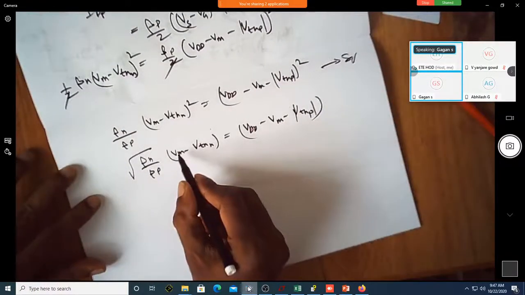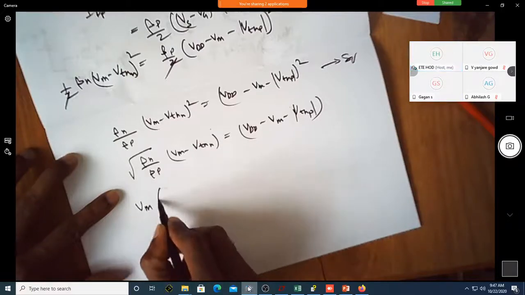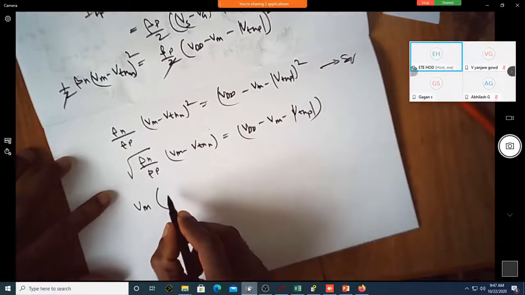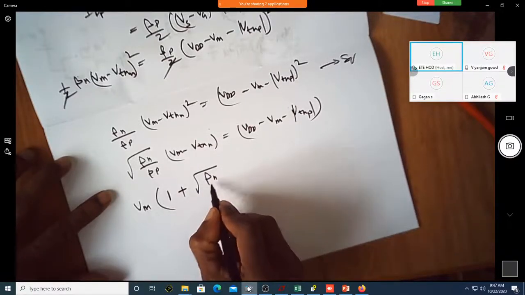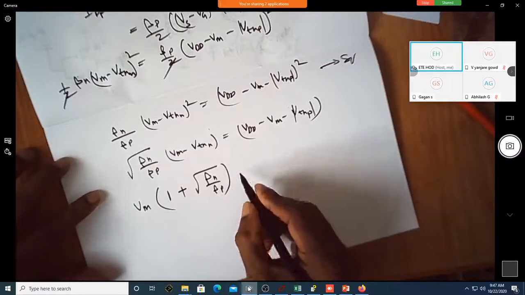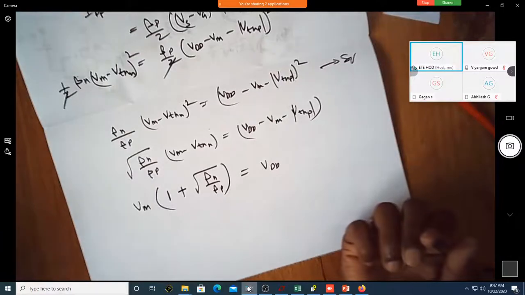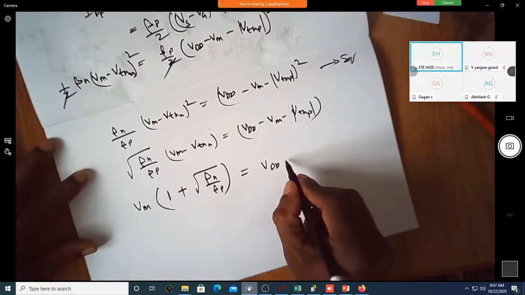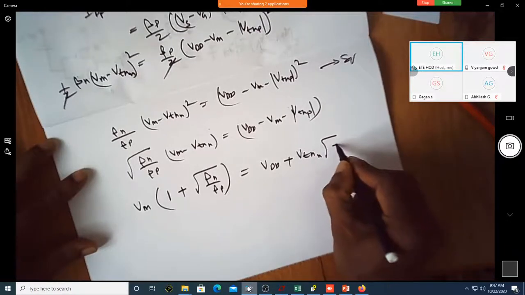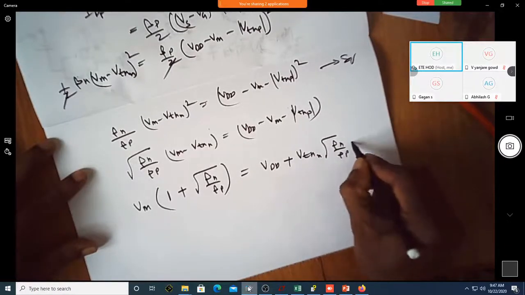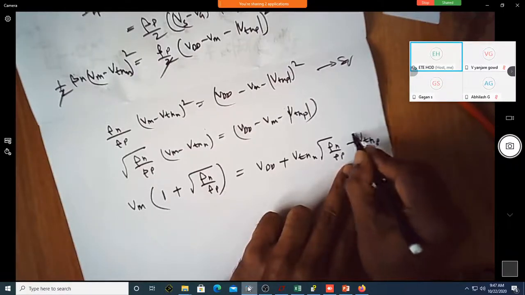Shall I take it out now? I'm interested in how this Vm changes. Shall I now write Vm, taking it common, as (1 plus root of beta n by beta p) times Vm equals VDD plus Vth of n times root of beta n by beta p minus magnitude of Vth of p.